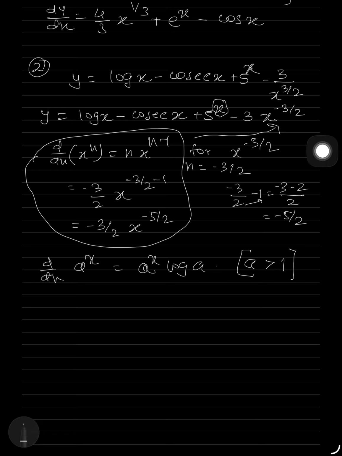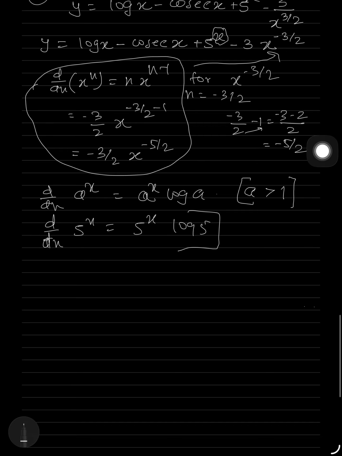Why? Because the value of log 1 is 0, so it is not applicable for 1 raised to x. So as 5 is greater than 1, we can apply d by dx of 5 raised to x is equal to 5 raised to x log 5.